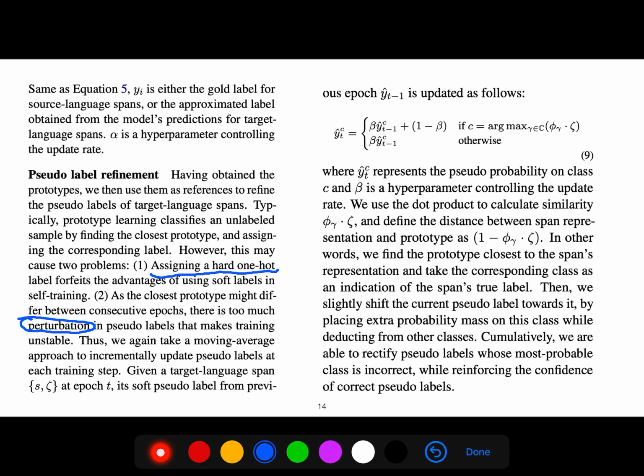So we again take a moving average approach to incrementally update pseudo labels at each training step. Given a target language span at each epoch, its soft pseudo label from the previous epoch is updated like this.